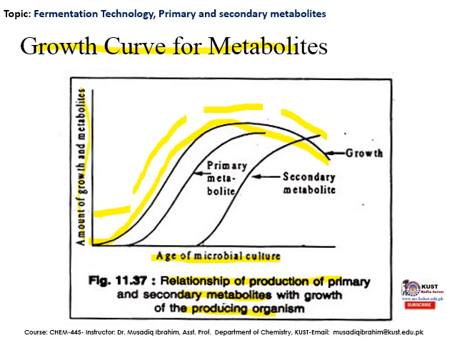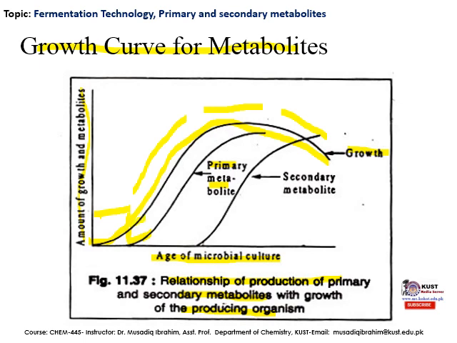Now, in parallel to the growth curve, you can see that there is a primary metabolite curve. The primary metabolites start to be produced by the microbial cells after a certain period of time, when the microbial cells have started growing.